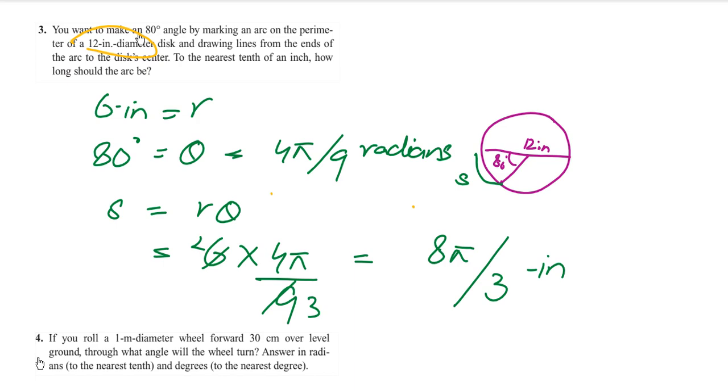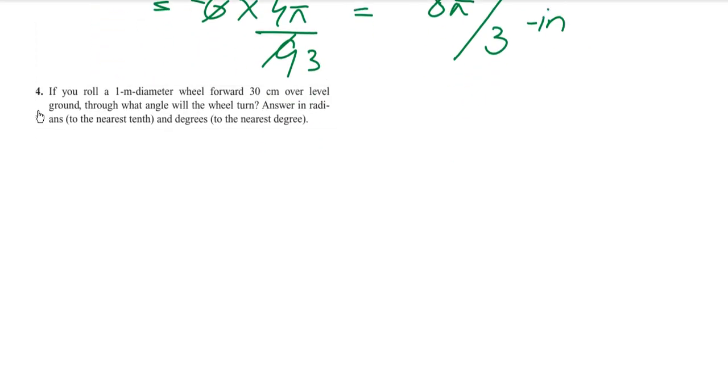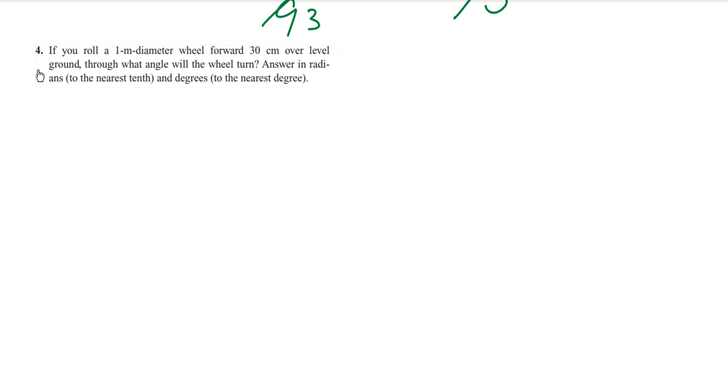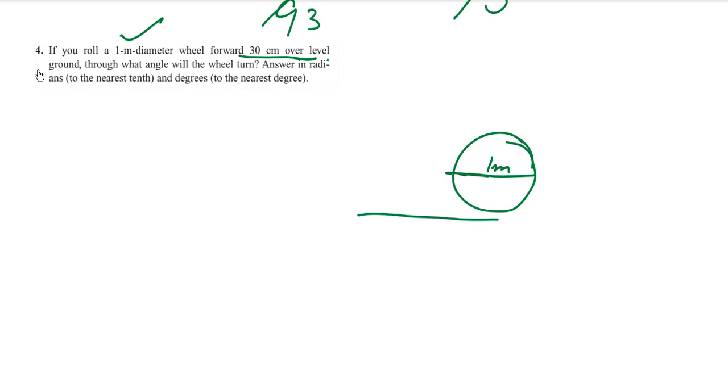So let's see another example. If you roll a 1 meter diameter wheel forward 30 centimeters over level ground, through what angle will that wheel turn? Answer in radians and degrees. They have already mentioned the diameter. From this diameter we will easily get the radius, and they have told the arc length it moves on the ground, that is 30 centimeters.